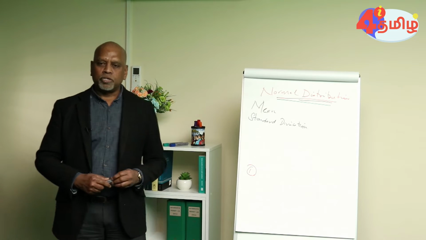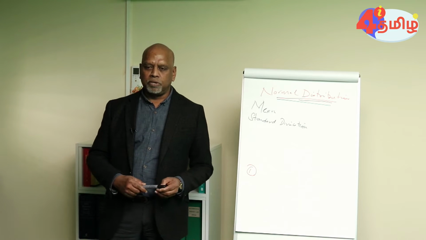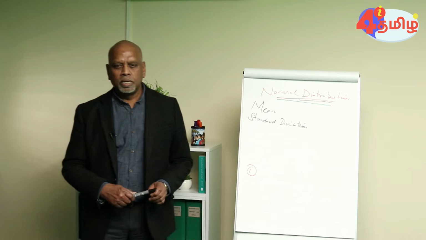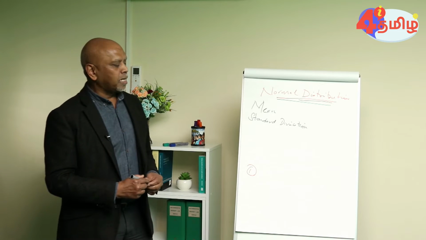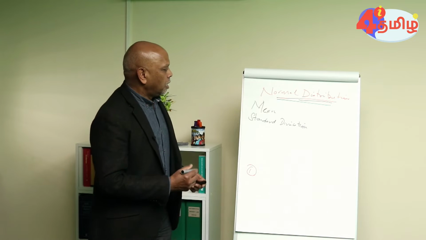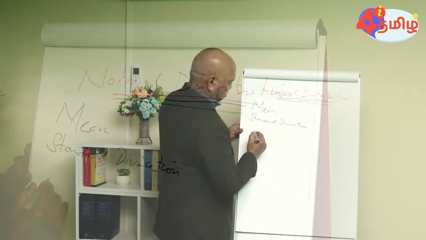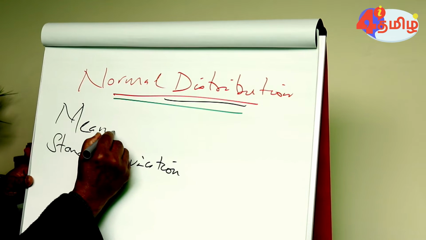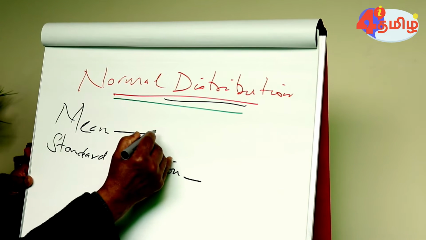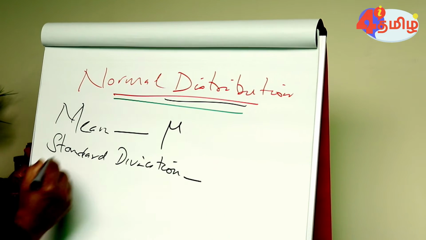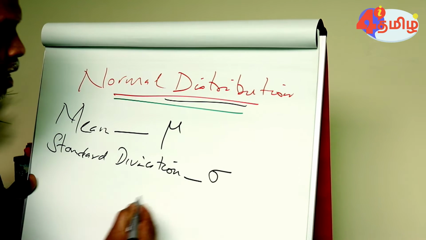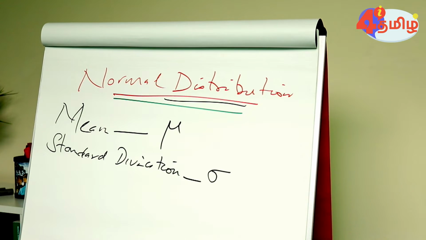Again, when you come to standard deviation, there are 2 types of standard deviation. One is population standard deviation. The other one is sample standard deviation. The population mean is denoted by mu, and the population standard deviation is lowercase sigma.